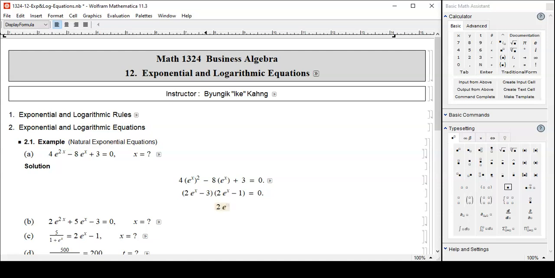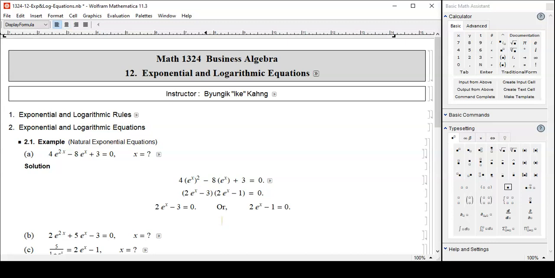2e to the x power minus 3 is equal to 0, or 2e to the x power minus 1 is equal to 0. From the first, we get 2e to the x power is equal to 3.